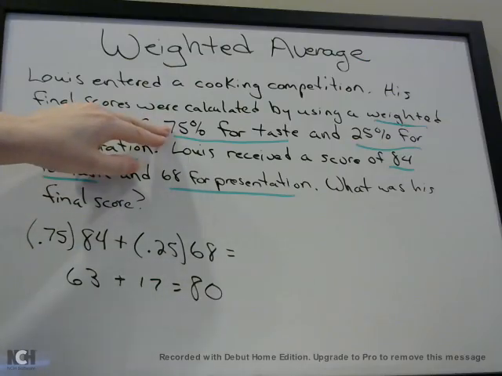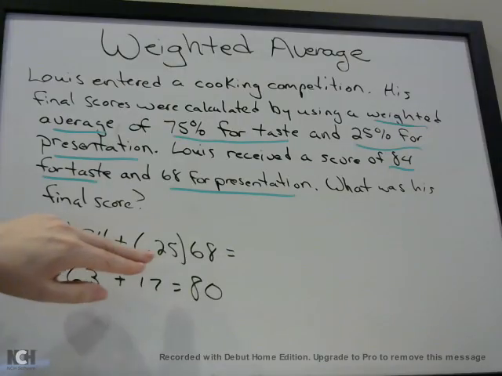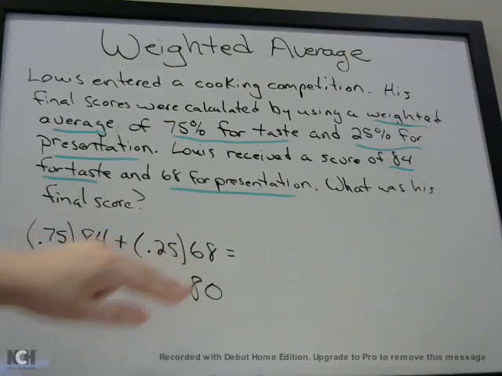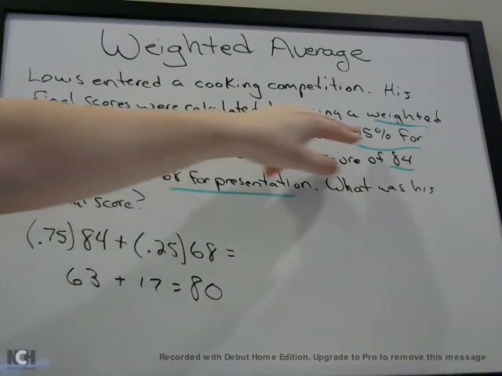You just need to remember to change the percentages to decimals, multiply the weight times the associated number plus the weight times the associated number. Plug it in your calculator and you get it. If you remember at the beginning of the video, we did this problem where we had 84 and 68, and we calculated just the normal mean, and we got a 76. In a weighted average here, where these aren't equal, right?